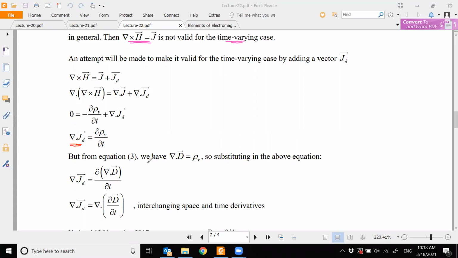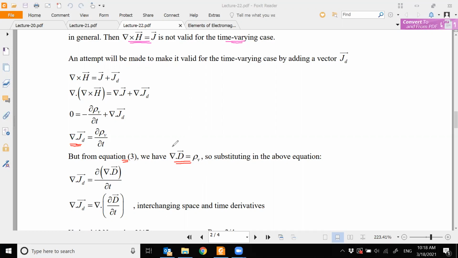Now we use equation 3 of Maxwell's equations, which is Gauss's law of electrostatics in differential form. So del dot D bar is equal to rho v.